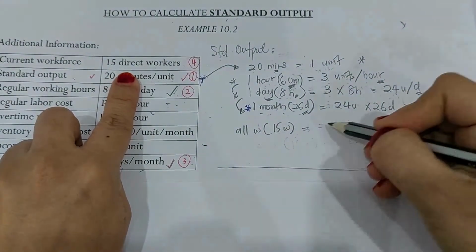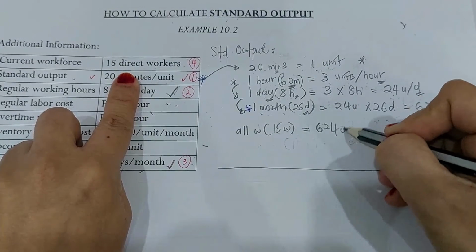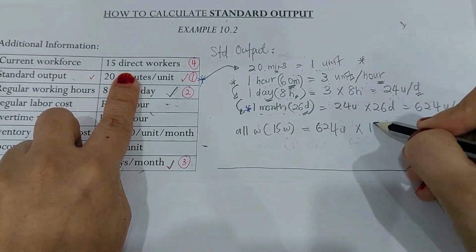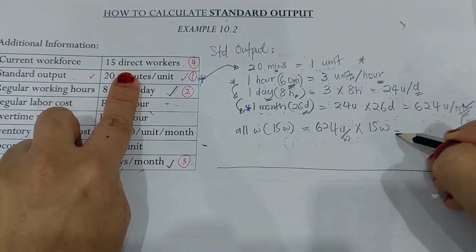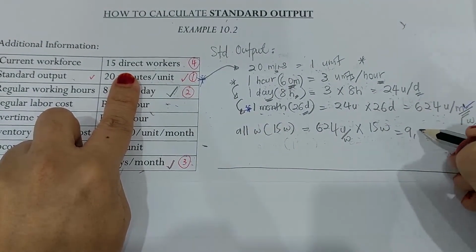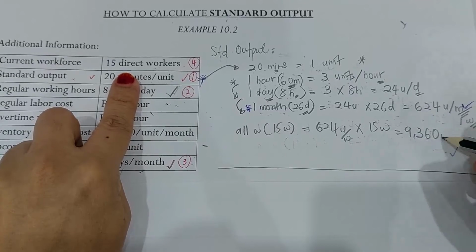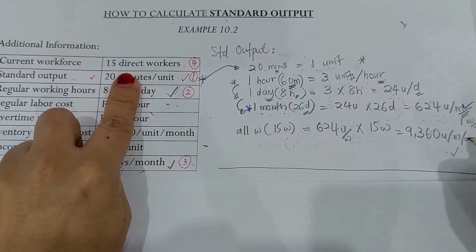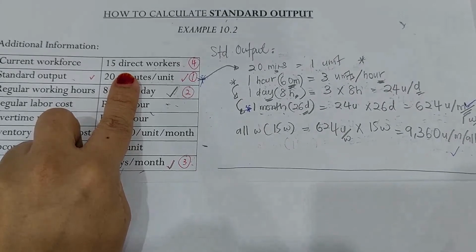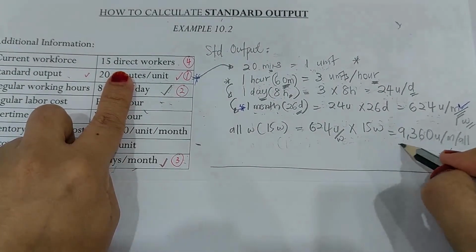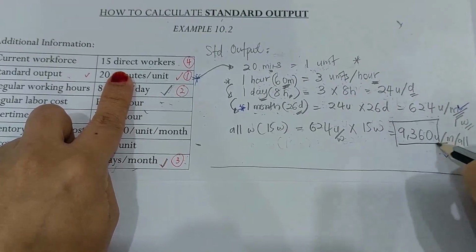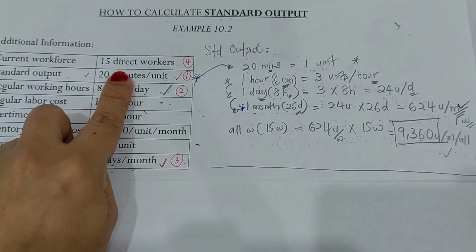So we take 624 units per month, multiply with 15 workers. This is for 1 worker basis per worker. Then we will get 9,360 units for 1 month for all workers. Okay, so this is what we call as the standard output for 1 month that the company can produce.